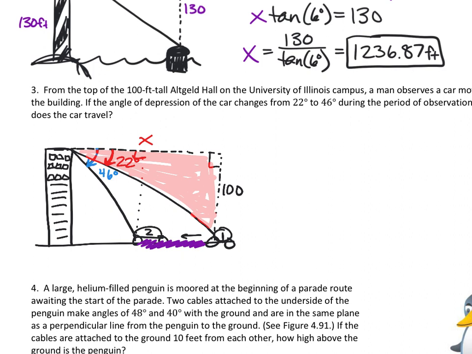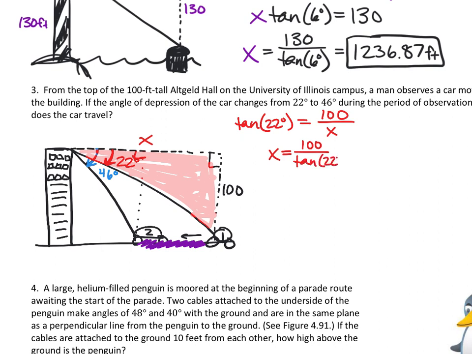So I know that the tangent of 22 degrees, let me do this in red so it's all the same color. The tangent of 22 degrees is going to be equal to the opposite over the adjacent. If I derive this formula for x, the formula would be x equal to 100 divided by tangent of 22 degrees.